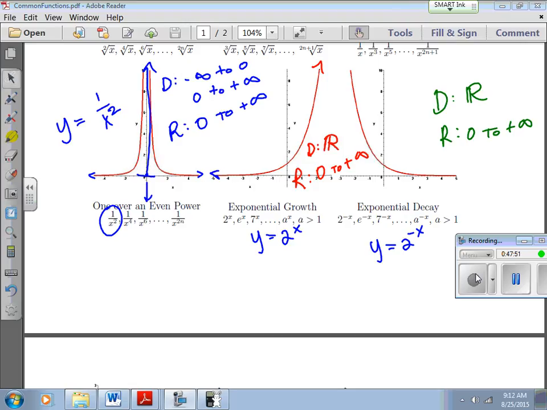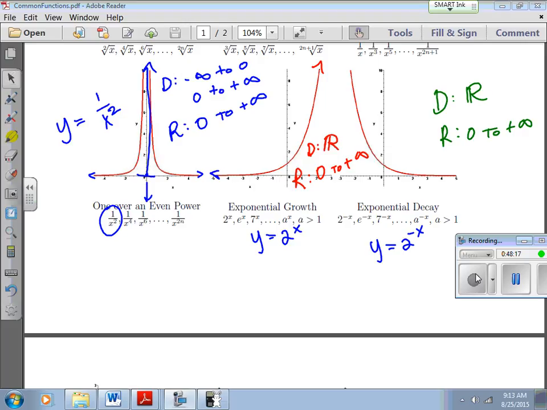Because you can think of any x number all the way to the left, and you can go all the way to the right. Can x be 0? Yeah, 0 comma somewhere right there it does have a coordinate. And the range is from 0 above, not including 0 because 0 is an asymptote actually.